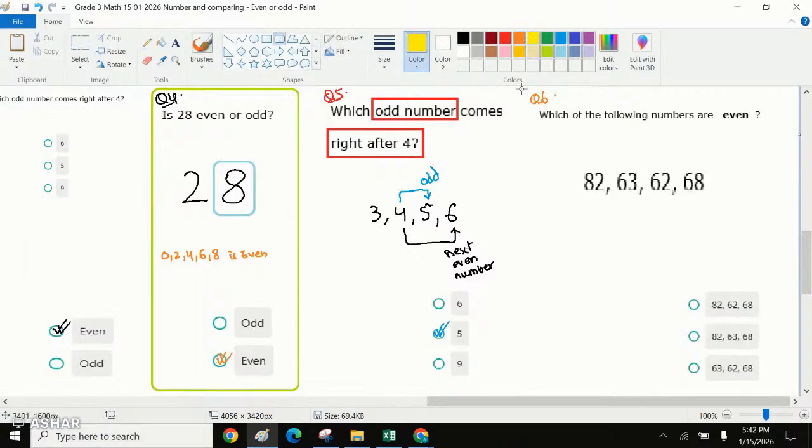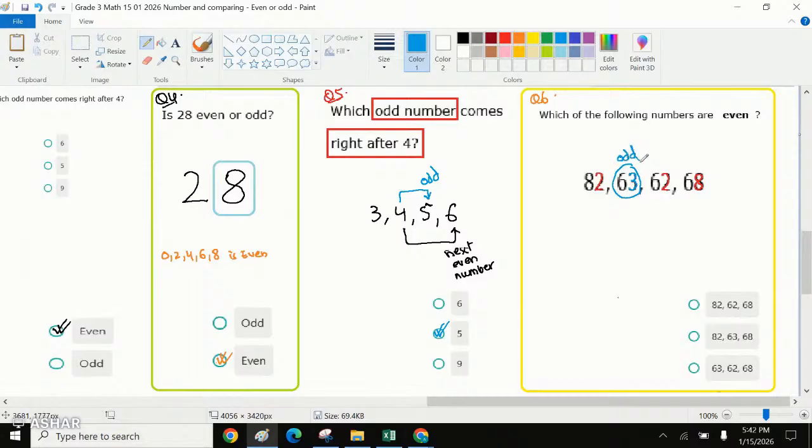Which option can we say is even? For the even, we know that the number should end with a 2, 4, 6, or 8. But it cannot end with 1, 3, 5, 7, and 9. So this means this is odd only, right?